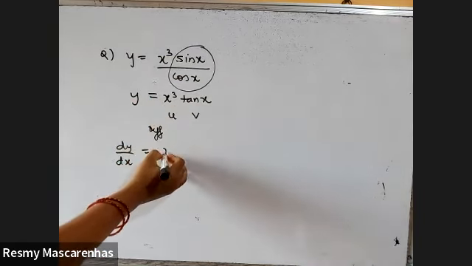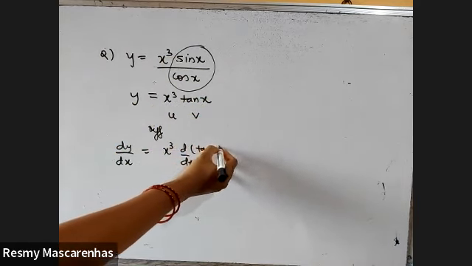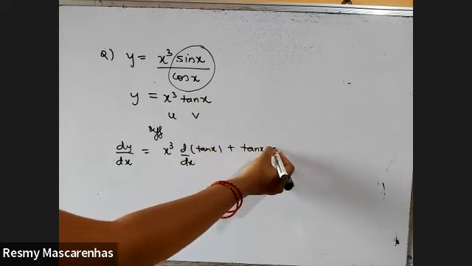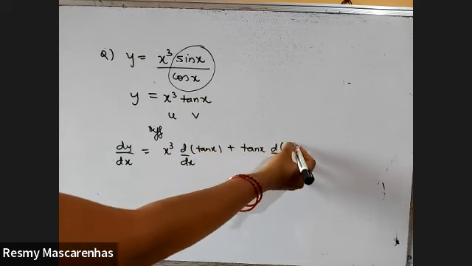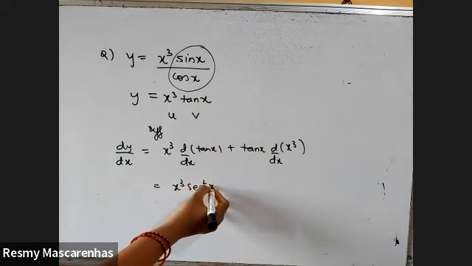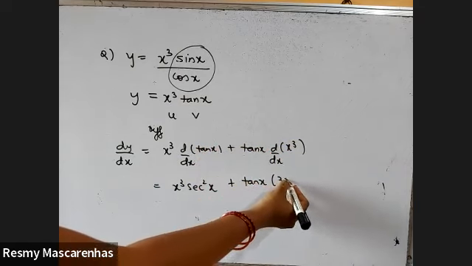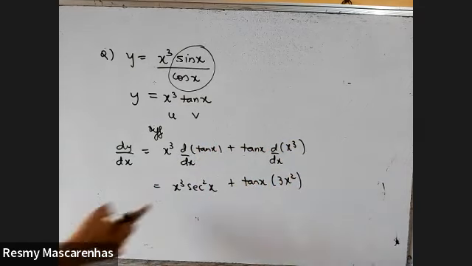So now u into v is what? u into derivative of v plus v into derivative of x cube. The derivative of 10x is x square x, and the derivative of x cube is 3x square. So this will be the answer.